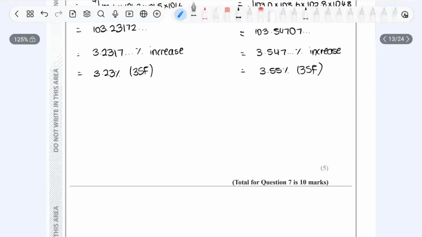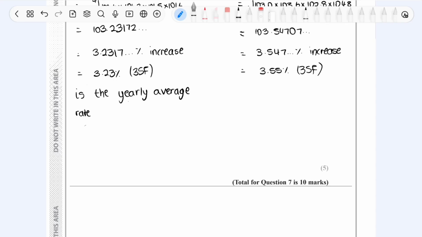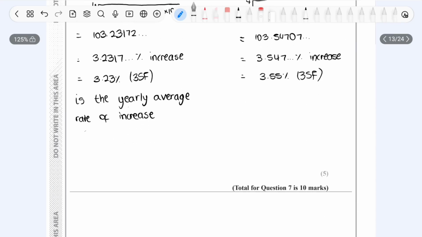So 3.23% increase. So for Scotland, I'll write that 3.23% is the yearly average rate of increase. And I'll do the same here for Wales, and for Wales 3.55% is the yearly average rate of increase.